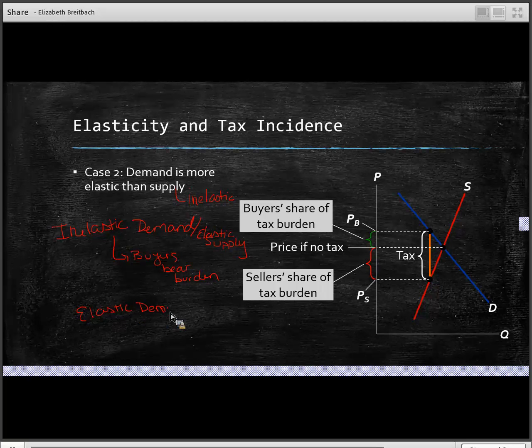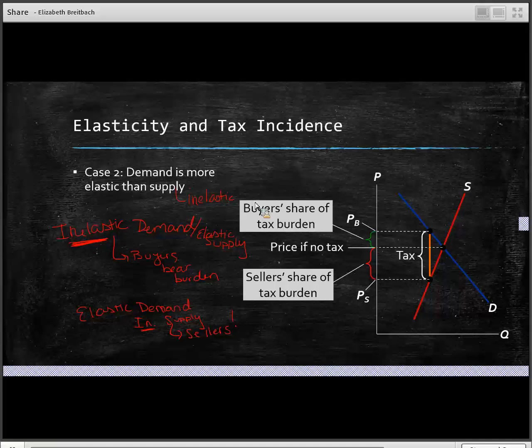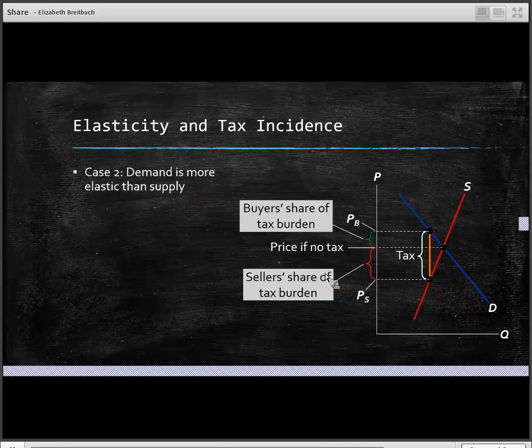But what if it's the case where both demand and supply are inelastic? I'm going to make a quick drawing here where we have quantity and we have prices, and we have a demand curve that's not perfectly inelastic but very inelastic, and a supply curve that is also very inelastic.